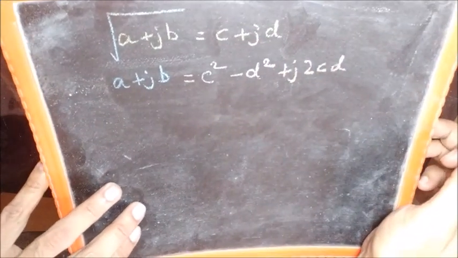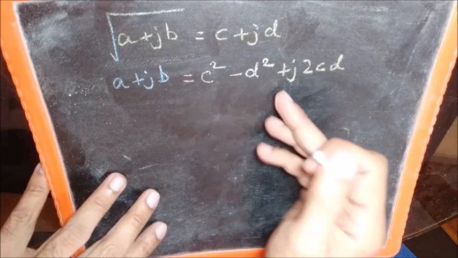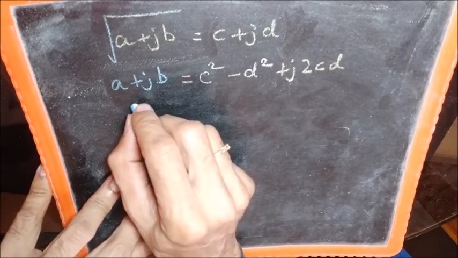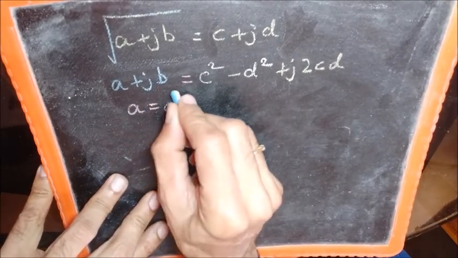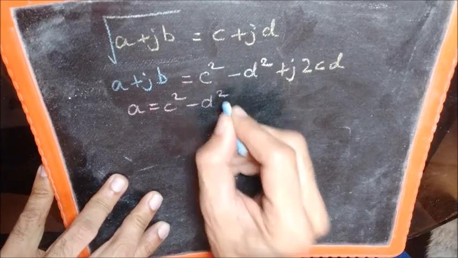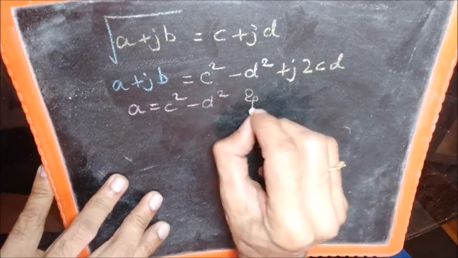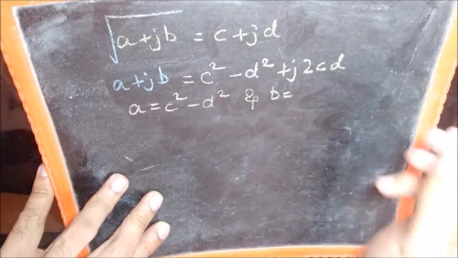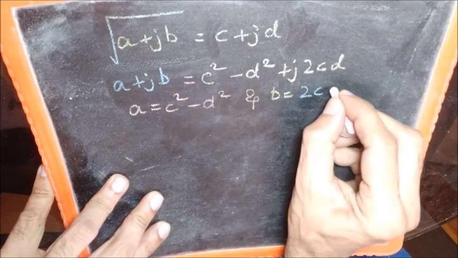Now when we compare the left hand side and the right hand side, we see that a is equal to c square minus d square and b is equal to 2cd.